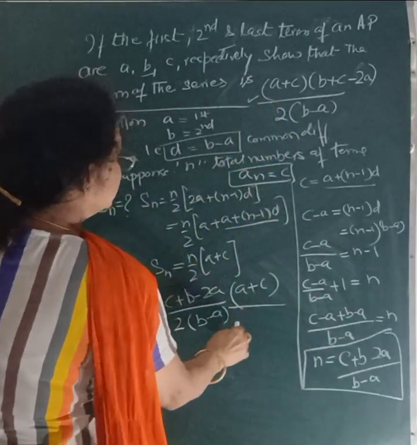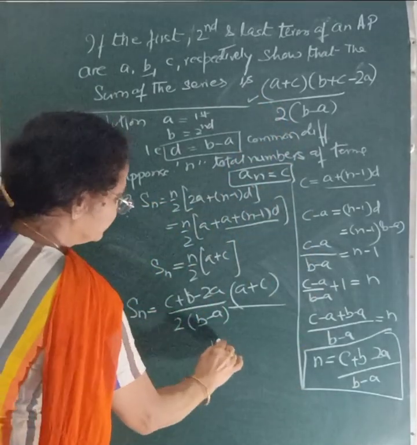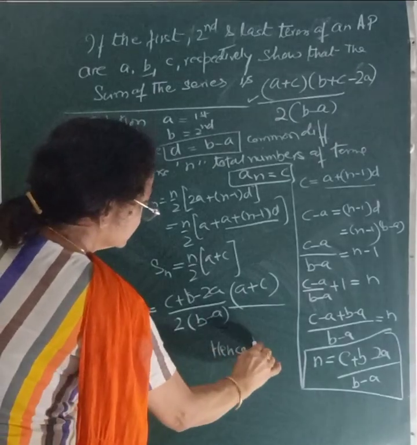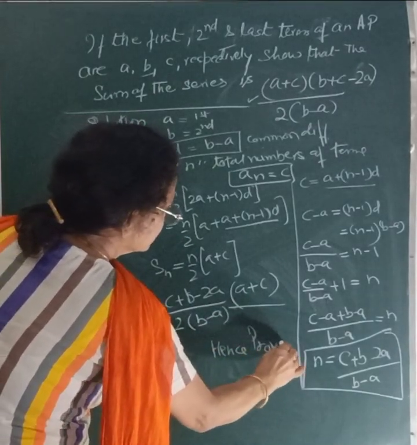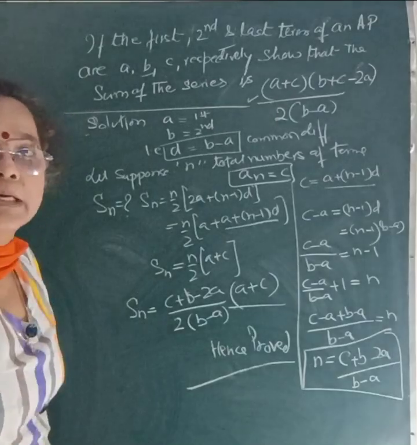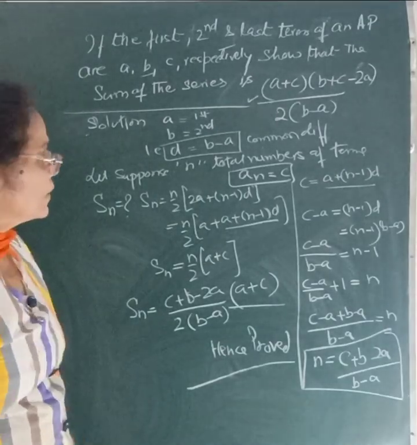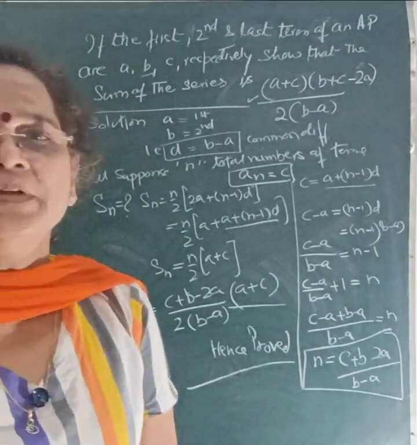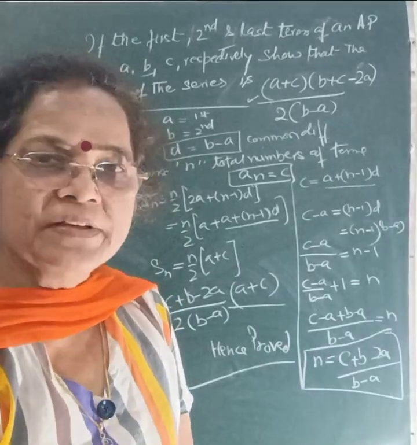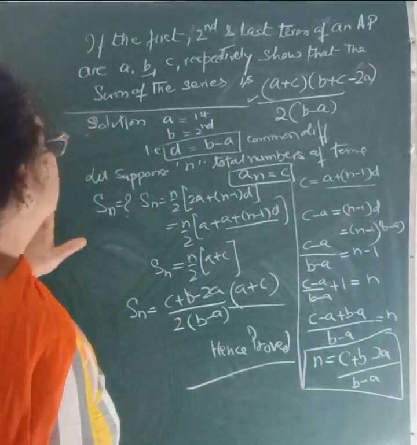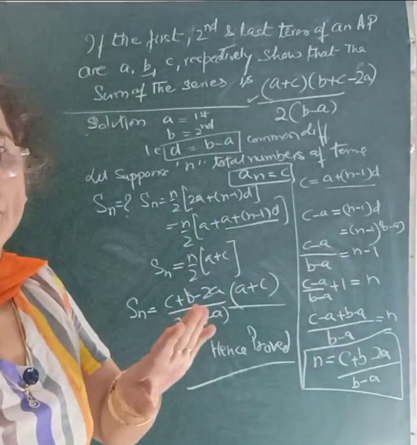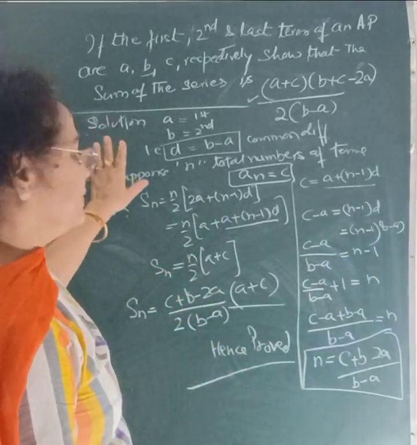This is proved. Hence proved. Clear? Only simple substitution is there. You have to simply replace all the terms in terms of a, b, c. The concept is very clear.